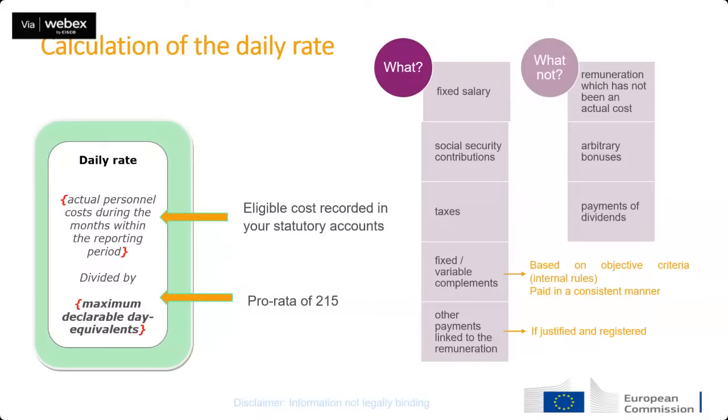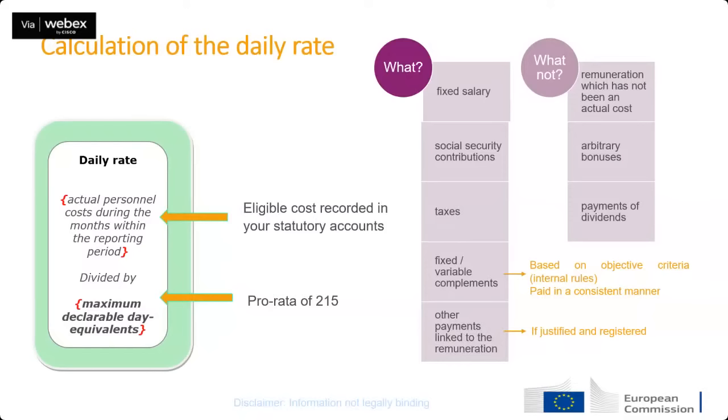And just very briefly, what can you include in your daily rate? Well, basically, these are the eligible costs that are recorded in your statutory accounts. What can be considered an eligible cost? Well, obviously, you have the fixed salary for the person that's working for you, but also any other contributions that are legally mandatory by law: social security, taxes.